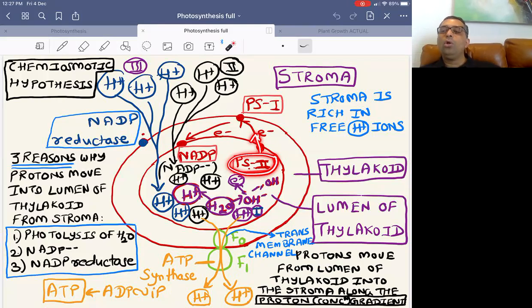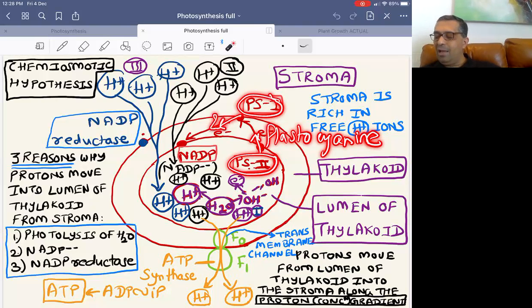From plastoquinone to, I hope you remember, cytochrome B6, cytochrome F, plastocyanin, and electron reaches plastocyanin. In the meantime, PS1 reaches 700 nanometer wavelength and loses its electron, and the electron goes to Z, and from there to ferredoxin.